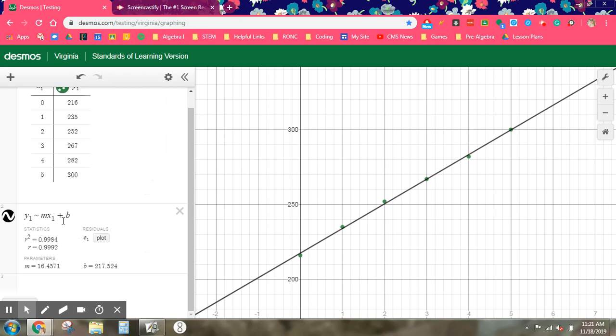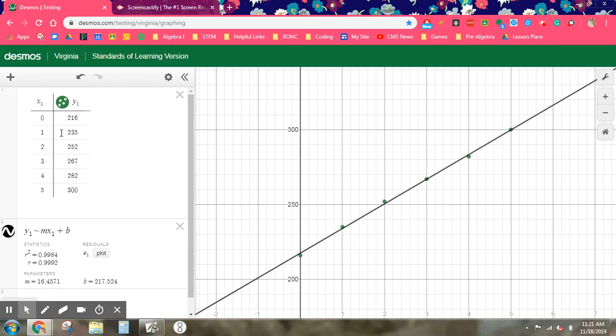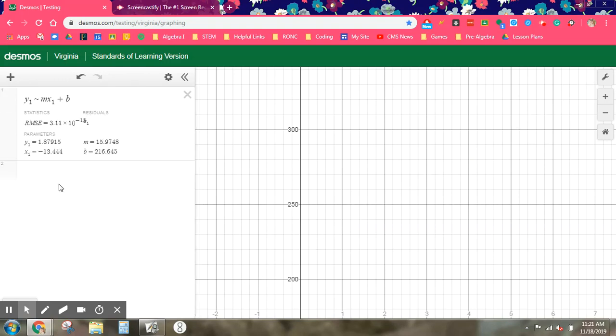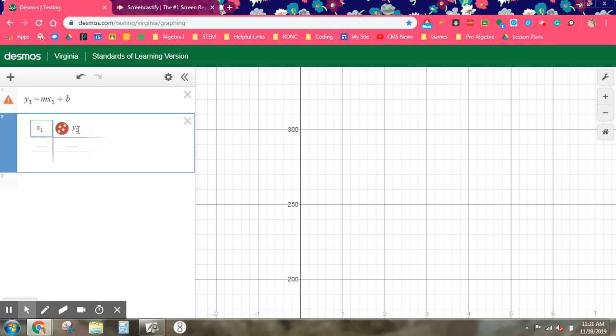I'm going to leave this right here because this will automatically change when I change my data. So I'm going to clear that, and then do a new table, so press the plus, table. If they say y2 like mine do, make sure that you're changing them back to the ones. If it says y2 and x2, it's not going to work with the equation that we have.